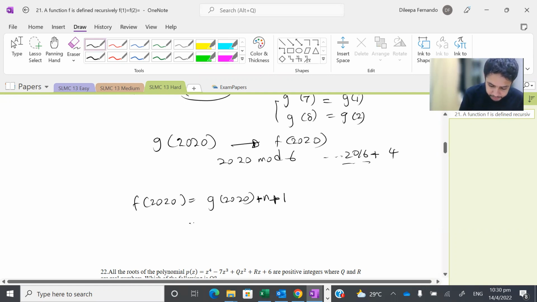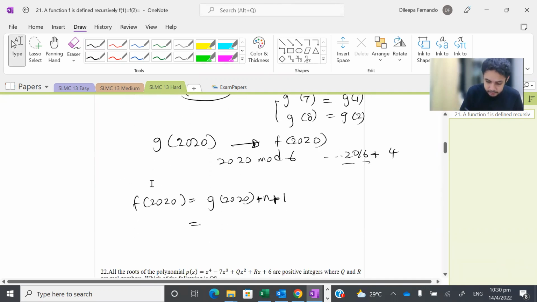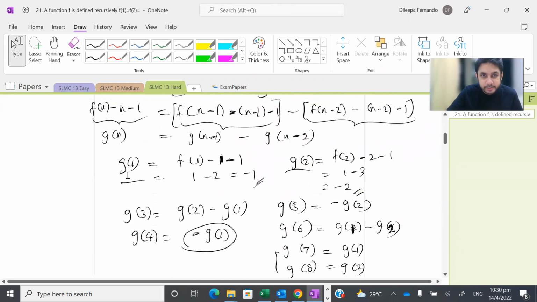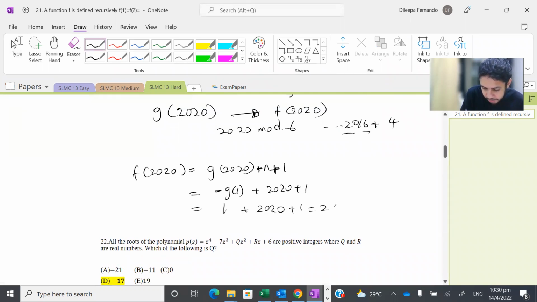G2020, we know that is, mod 4, minus G1, so minus G1. N is 2020 plus 1. We know that G1 is minus 1 from here. So minus 1 is plus 1. 2022.